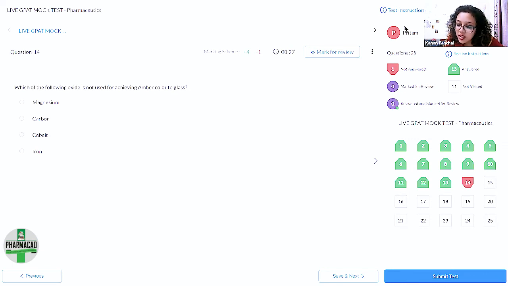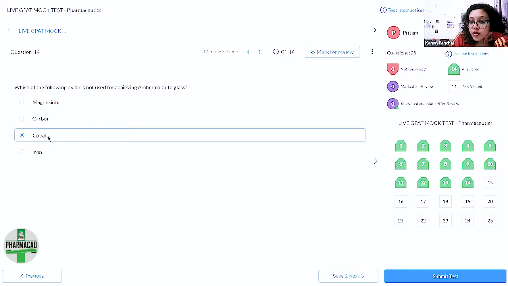No, wait, Anuja is done. Kajal. Yes, ma'am. Which one is not used for amber color? Okay ma'am, C. Yes Kajal, correct. So what is C used for? Cobalt oxide, if not amber color, which color is it used for? Blue violet color. Yes, correct.